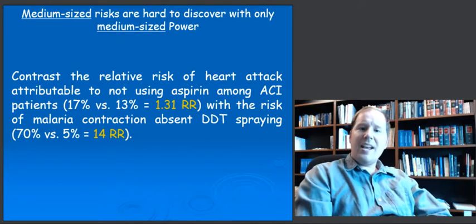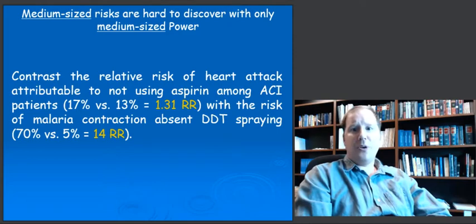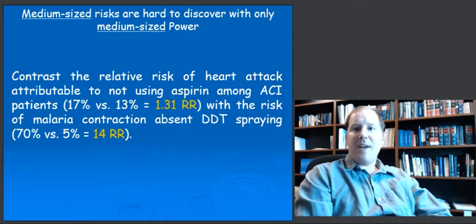In the second case, we have so much more statistical power, 14 being a huge relative risk increase, that in fact we can be fairly confident that there is a causal relationship even if we didn't have a randomized separation of controlled and exposed populations.